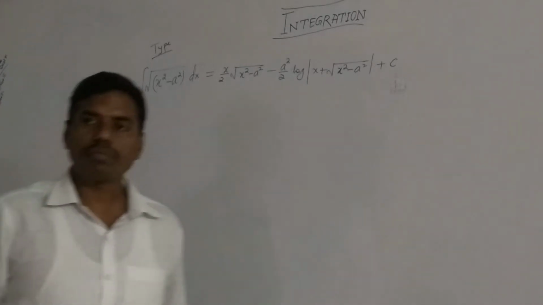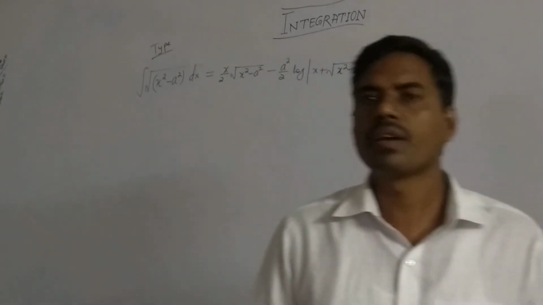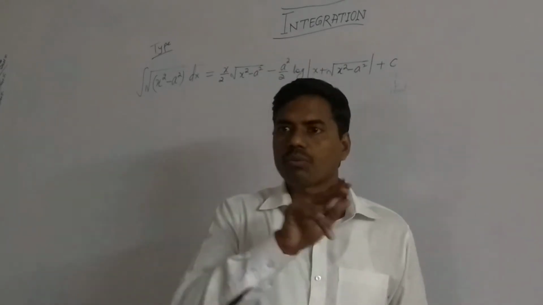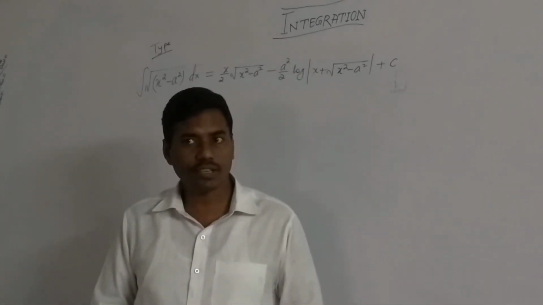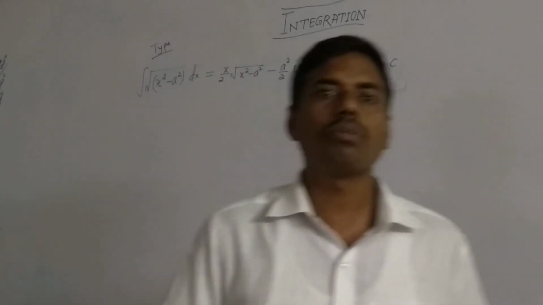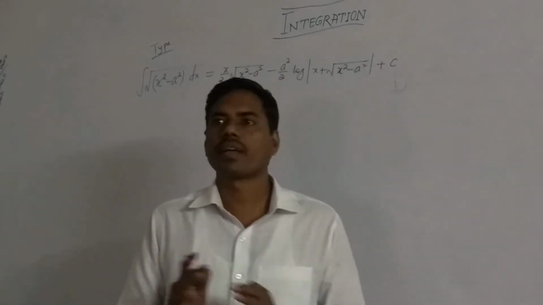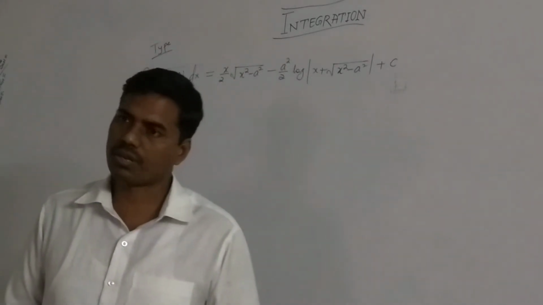Okay, integral of under root of x square minus a square dx is equal to x upon 2 under root of x square minus a square minus a square by 2 into log of mod of x plus under root of x square minus a square plus c.